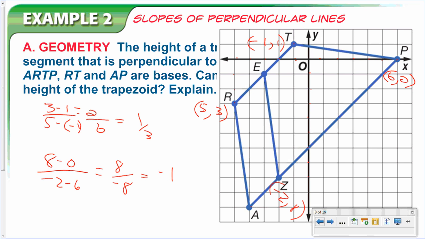Oh, do you know what I did? I counted wrong, didn't I? That's the wrong point. So it should be 1, 2, 3, 4, 8, 9, 10 then.